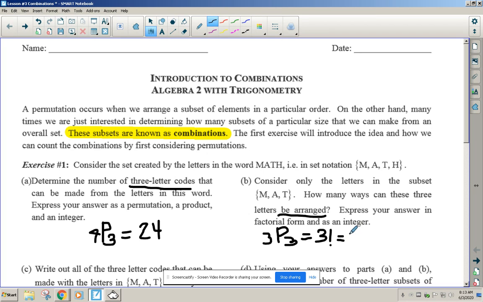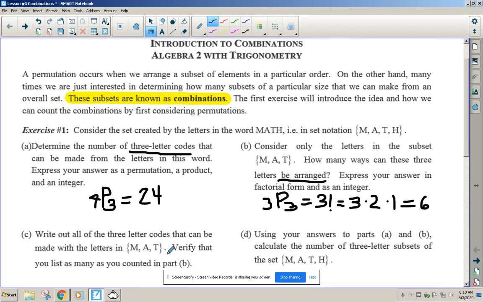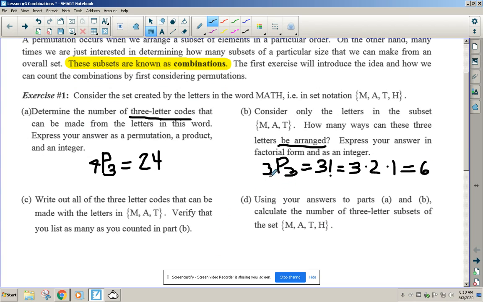I'm sorry, I said that wrong before. So 3, and before 3 on the number line is 2, and then 1. So if you only have 3 letters to rearrange, there's 6 ways you could do that. Now, because that number is so small, we can actually write this out.